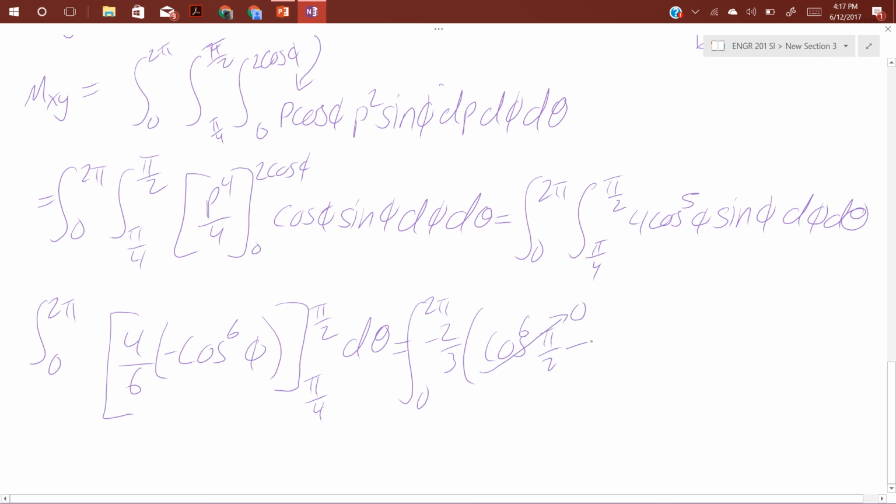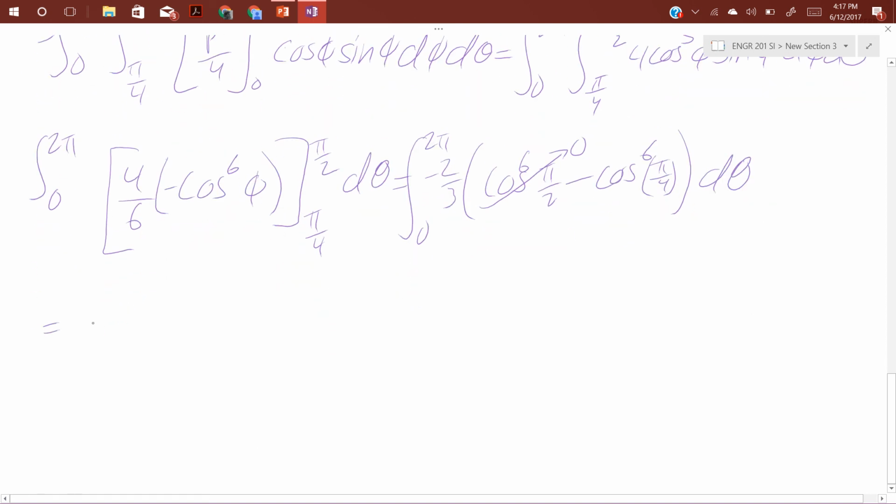Like before, that goes to 0, minus cosine to the 6 of pi over 4, d theta, which equals a positive 2/3 times 1 over square root of 2 to the 6, d theta, which equals 0 to 2 pi of 2/3 times 1/8.